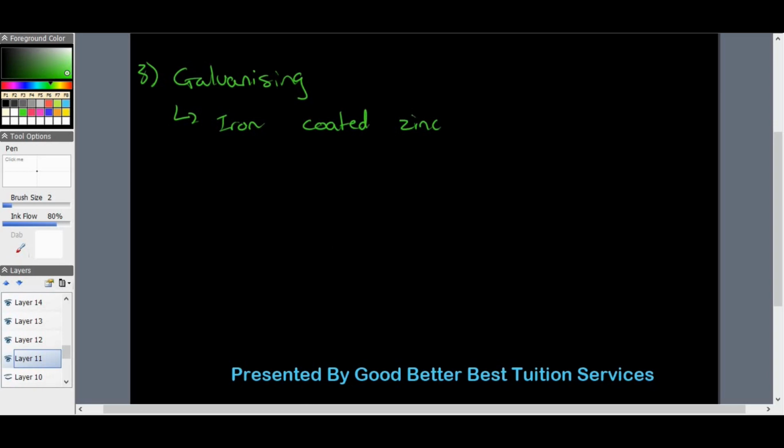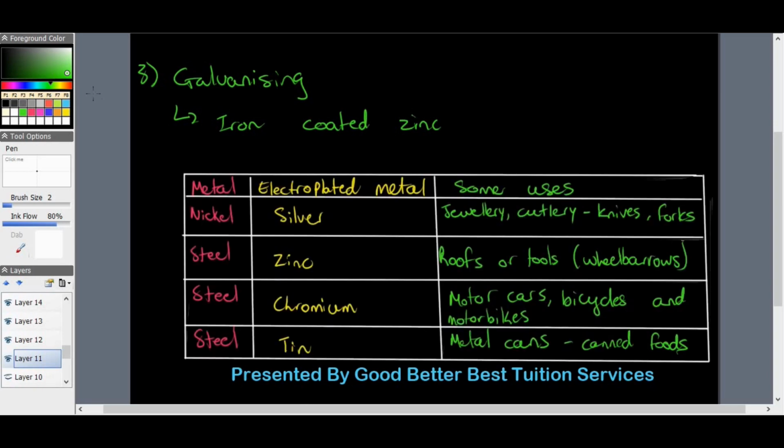So I'll just draw it quickly. What we have here is a table of four metals, with steel appearing three times, the electroplated metal, the metal that's used in the safeguarding process of preventing rust for the metals in the first group, and then of course some uses.